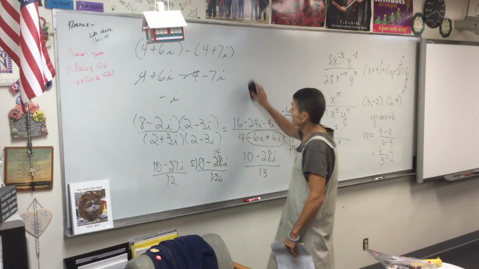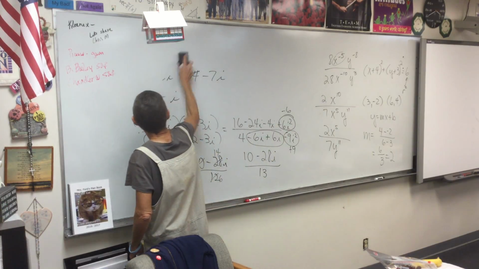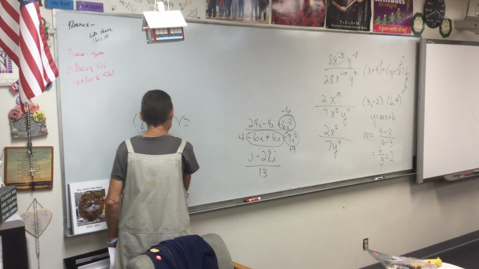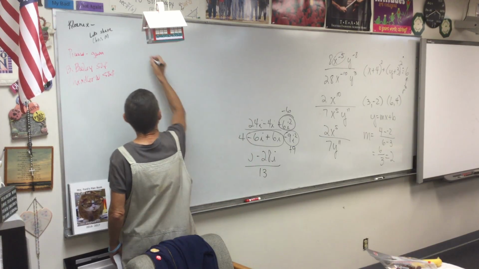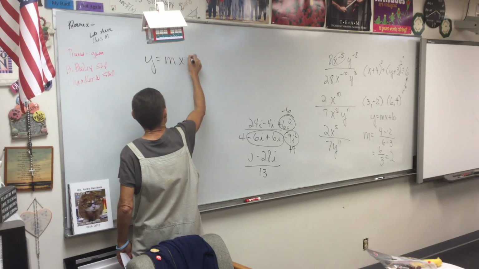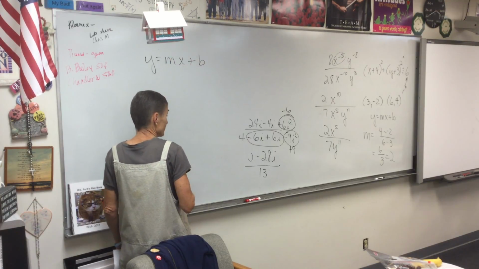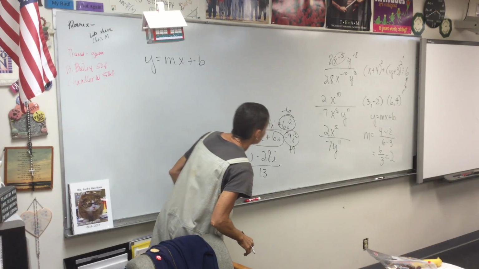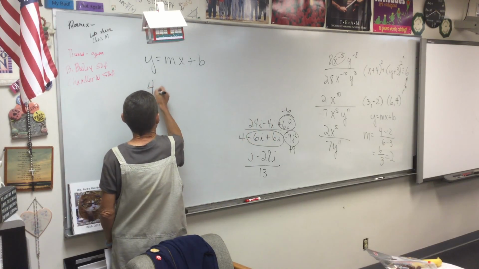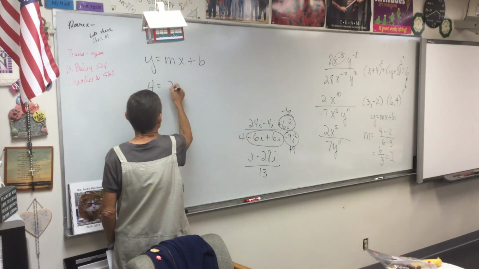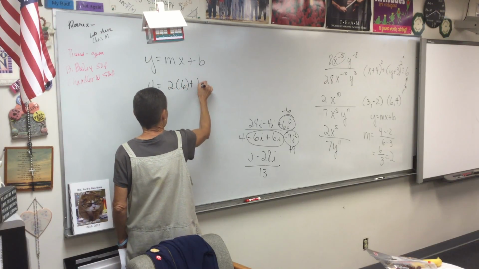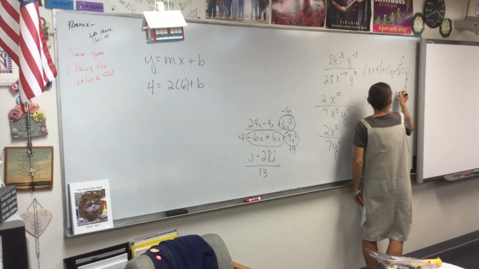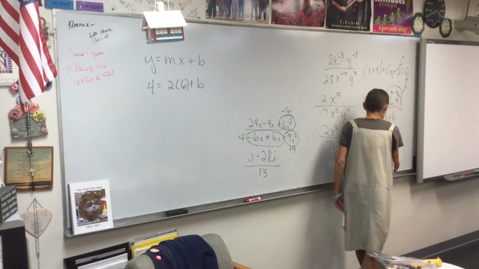Now, you can either do point slope or slope intercept. It does not matter. We need to write the equation of our line. So if you do y equals mx plus b, this is slope intercept, but you can do a point slope. What's my point? I'll use 6, 4. So 4 equals 2 times 6 plus b. I'm using this x and this y and this m.